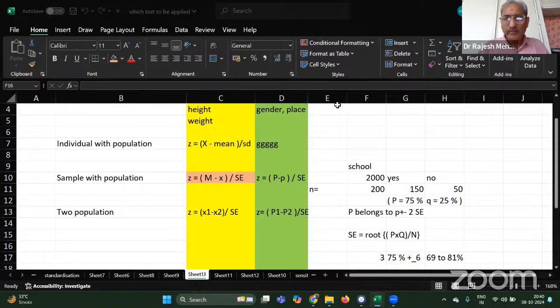You can just talk about some parameter. Let's say a very simple thing: participation in Navratri. How many of the population participated in Navratri? Take a sample and talk about the population. Or you can say the proportion of hypertension in the population, but in that, your population would be the adult population more than 20 years, something like that.